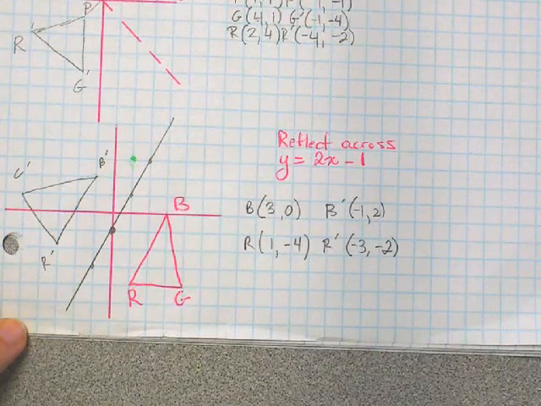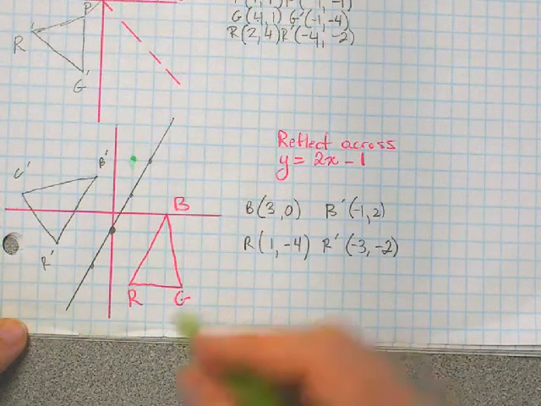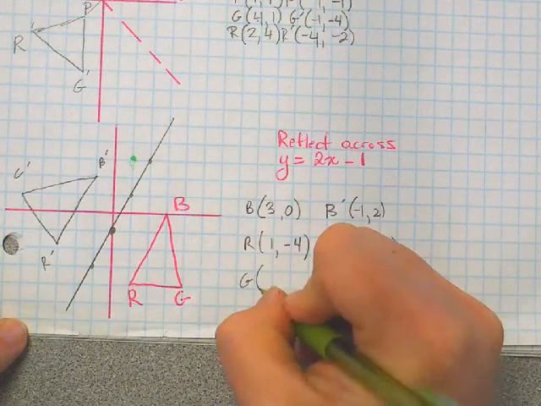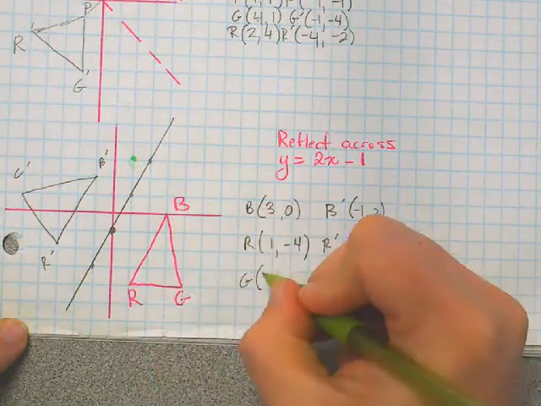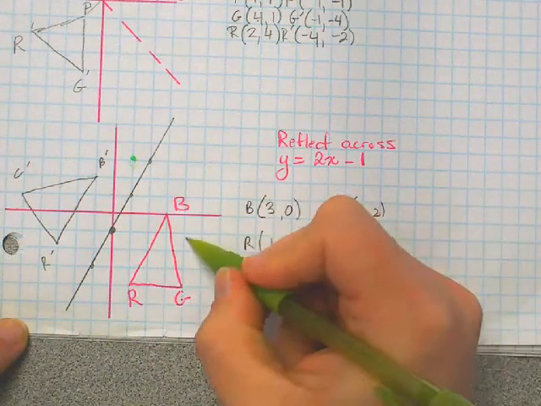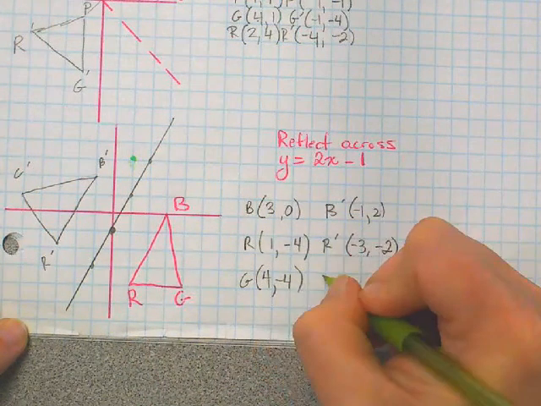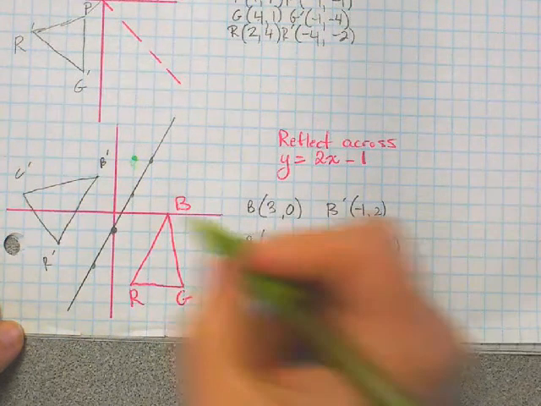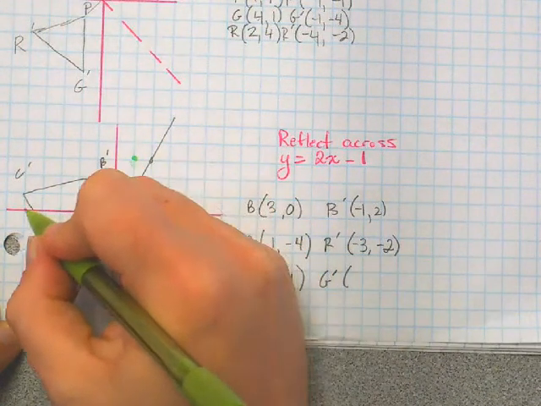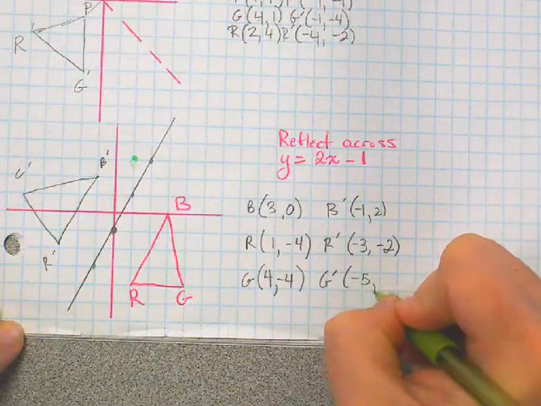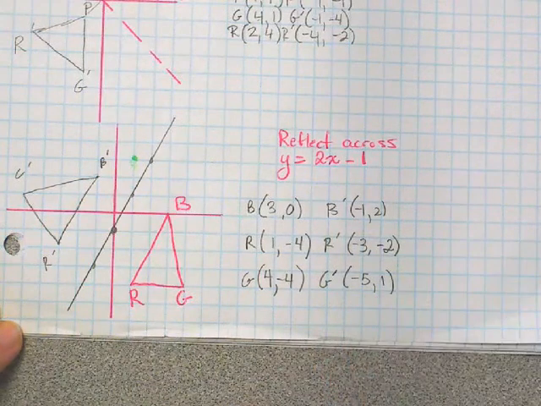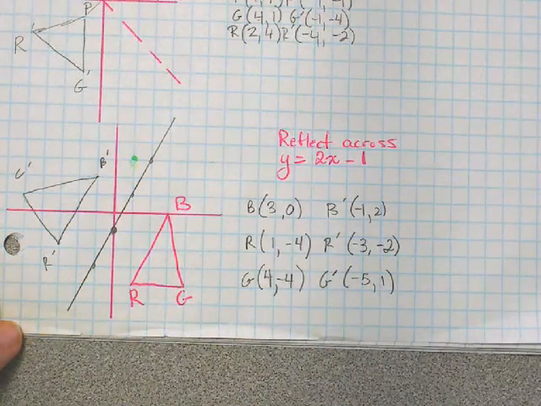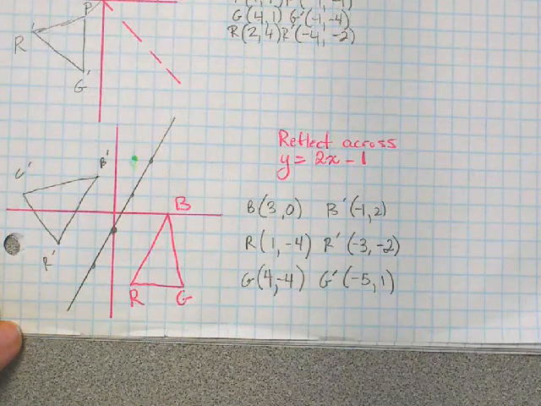Huh, that's interesting. I'm kind of seeing a pattern though. Let's do G just to see if that pattern will finish coming out. G is at 4, negative 4, and G prime wound up at 5, 1.